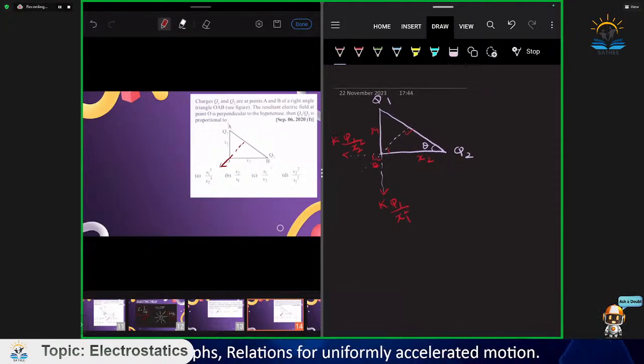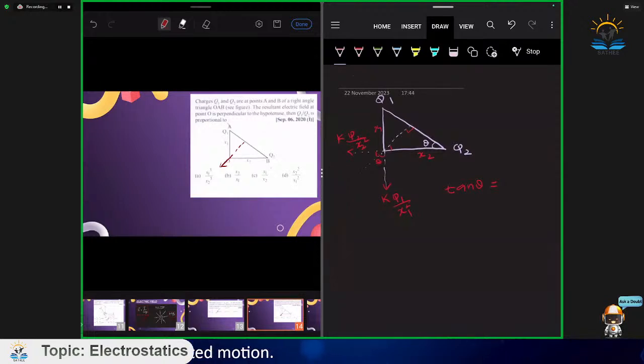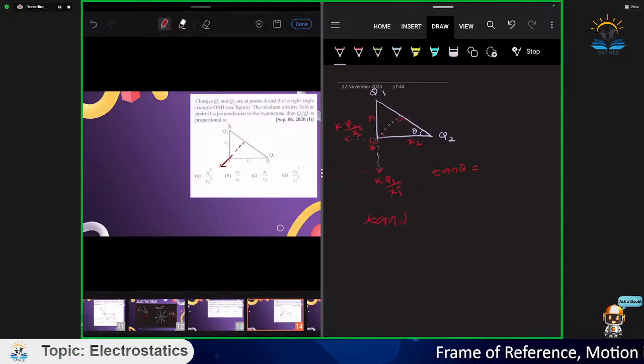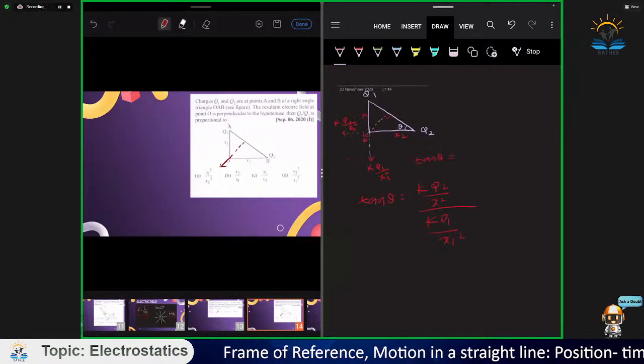From this triangle, tan theta will be equal to opposite side by adjacent side. So tan theta will be equal to k q2 by x2 square divided by k q1 by x1 square.